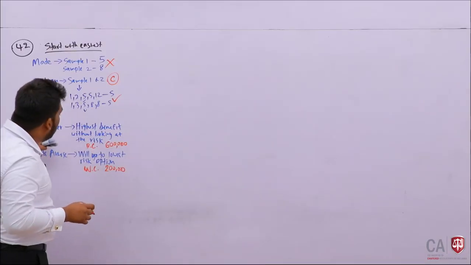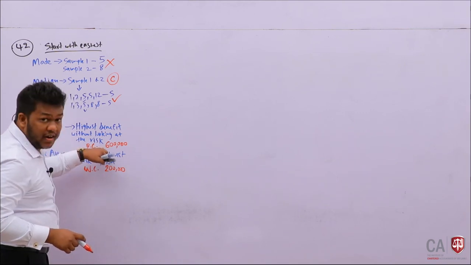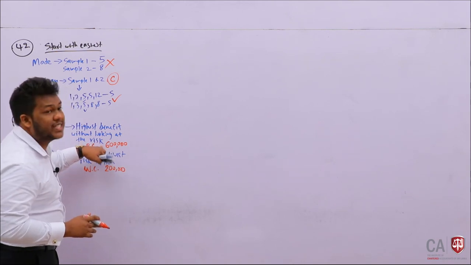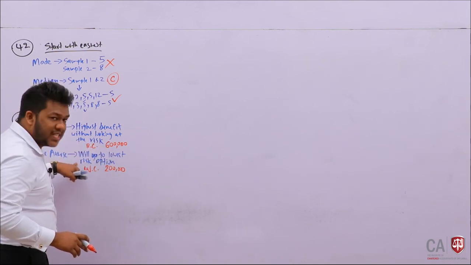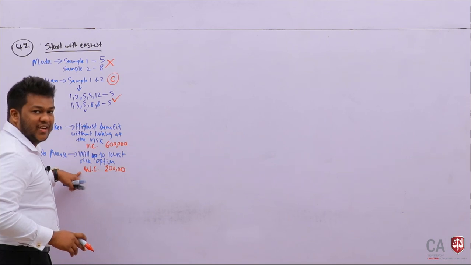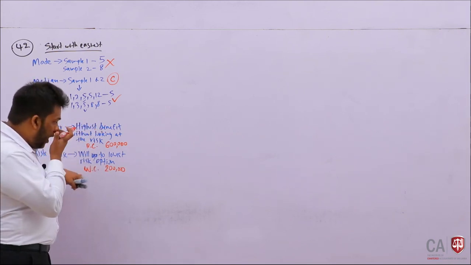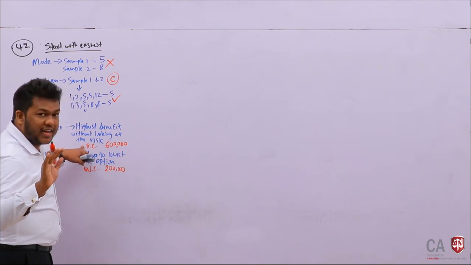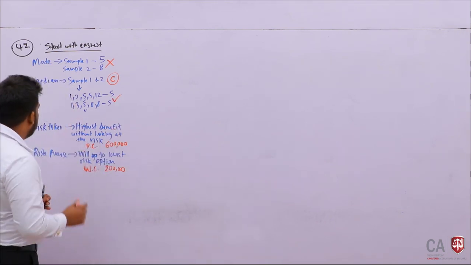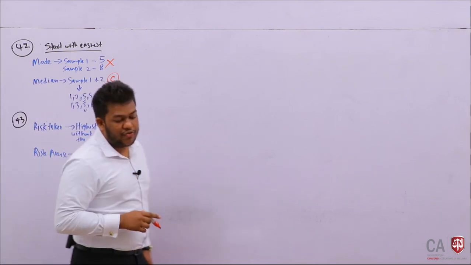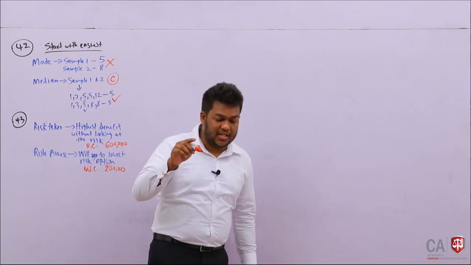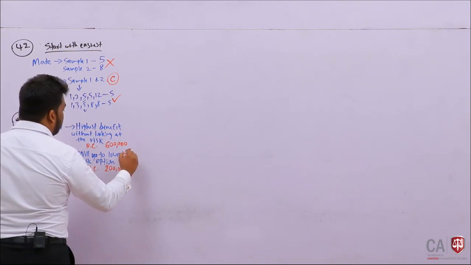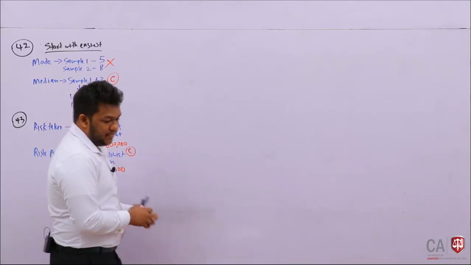So risk taker will go for the highest one without looking at the risk. They will only look at the best case. Risk averse will only look at the worst case. Worst case is higher. So they know that at least they will get 200,000. But they are not looking at the risk. They will try to maximize. So in this case, risk taker will go for the option C, which is worst case 300,000 and best case 600,000. So answer is C.